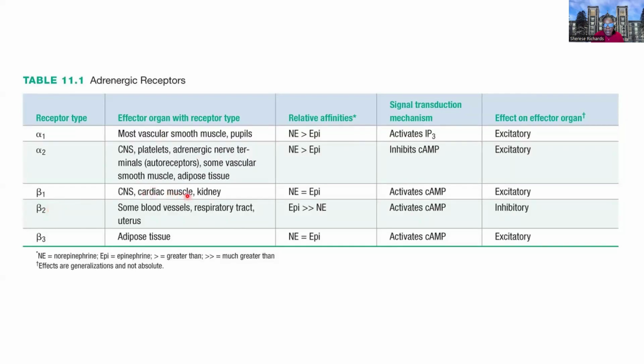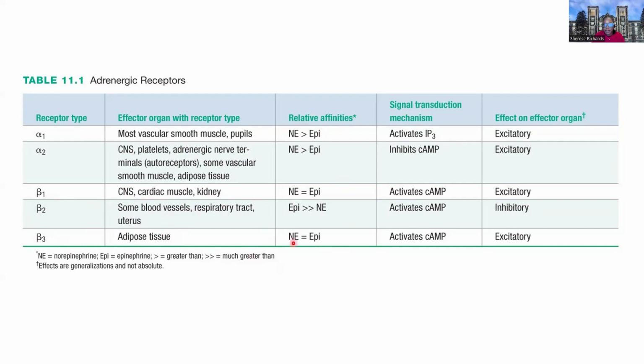Beta-1 is going to be the heart mainly, but also kidneys and some parts of the CNS. Beta-2 is going to be on the respiratory tract. We talked about the lungs and the effect it has on the lungs, the uterus, and then some very specific examples of blood vessels, like the ones that go to muscles, etc. And then beta-3 usually on adipose or fat tissue.